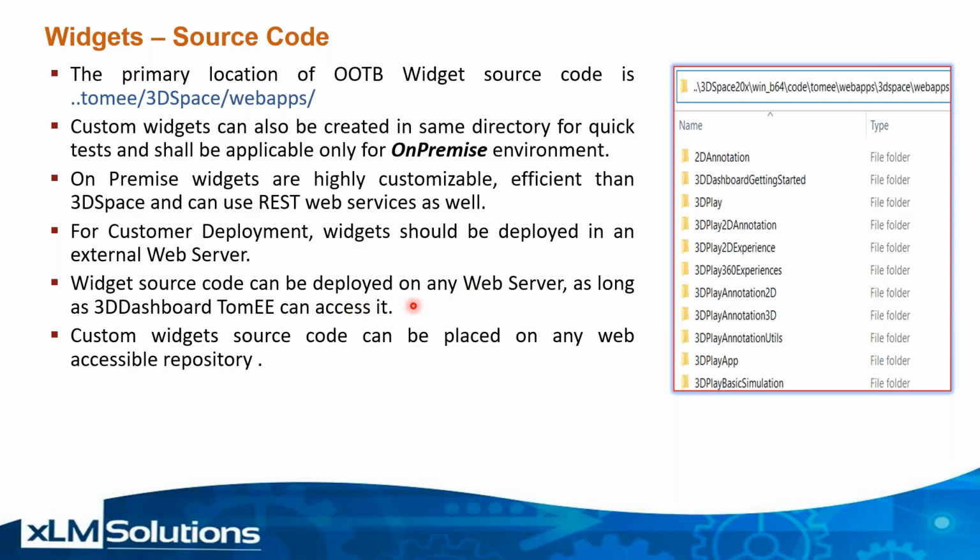How this dashboard will access it, and why we place widget code on a different web server, can be configured through the reverse proxy layer. There are some settings which can be made in your reverse proxy httpd.conf, adding more configuration files, and this can be made to work. Custom widget source code can also be placed in any web directory, as long as it is accessible.